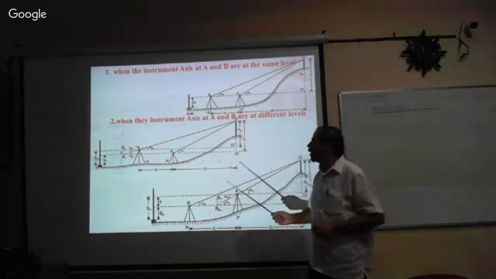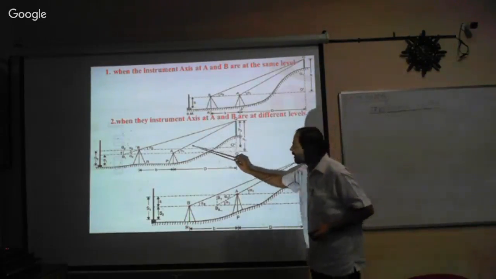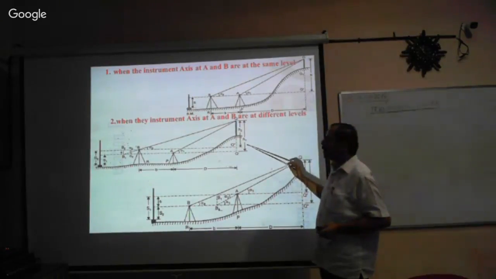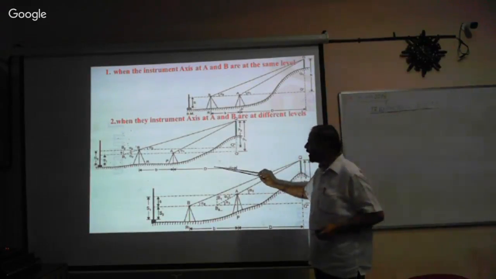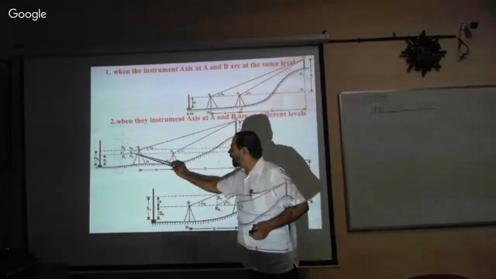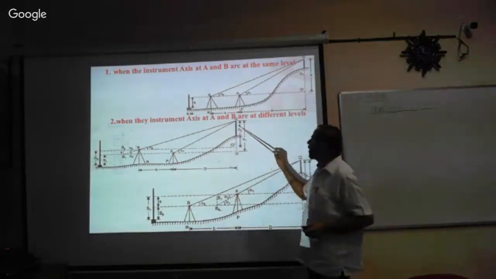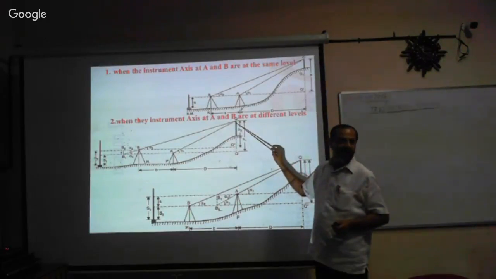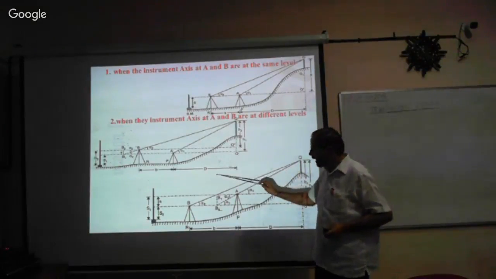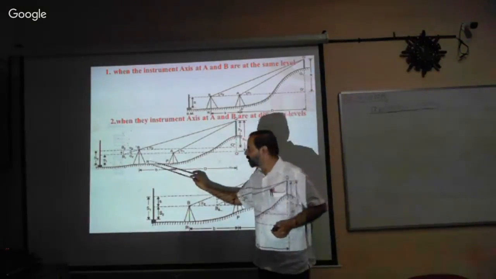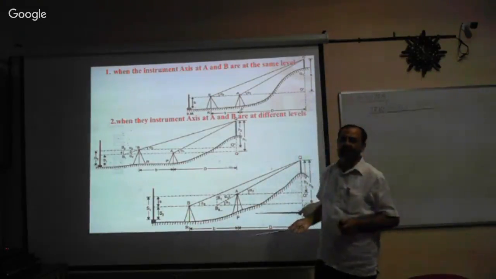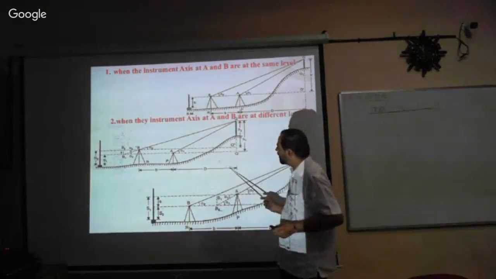Now please tell me, if you consider this triangle, H1 is equal to D tan alpha 1. By considering this other triangle, H1 is equal to D plus B plus S cot alpha 2, isn't it? In this case, D remains the same in all the cases.